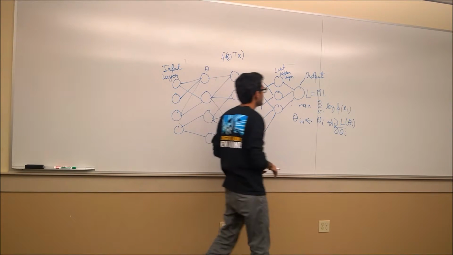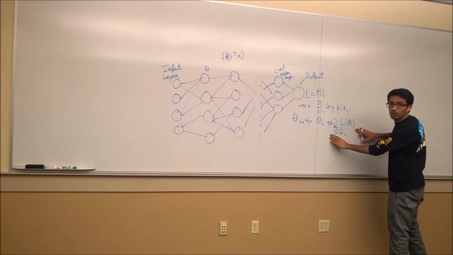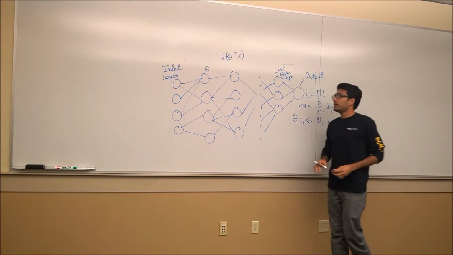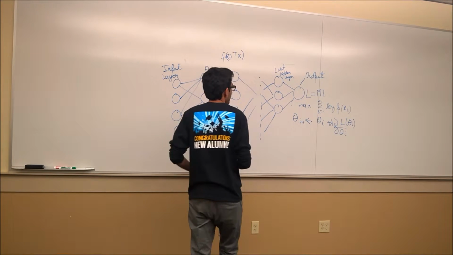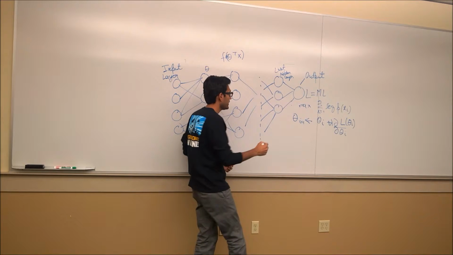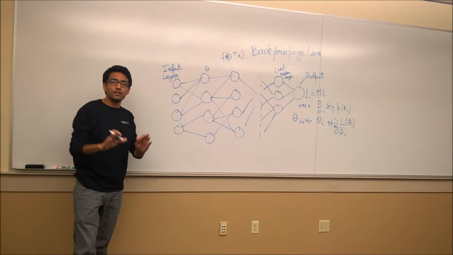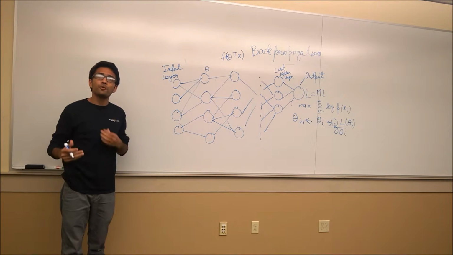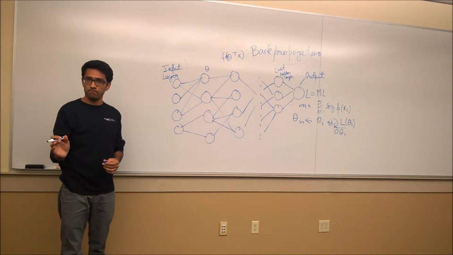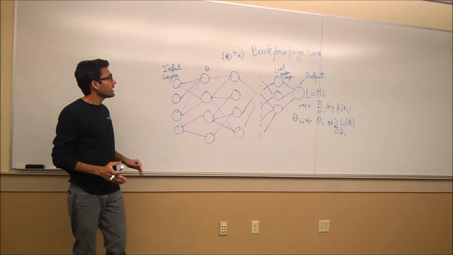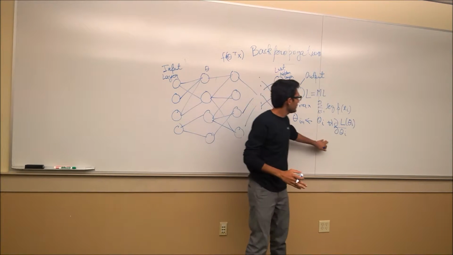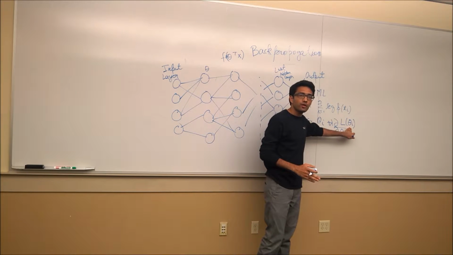Now, let's take a look at how we are going to compute it. And how we are going to compute it is using a technique known as back propagation. So back propagation is a technique to compute derivatives efficiently, in the sense that if I have to compute a derivative, let's say this is some function, right?